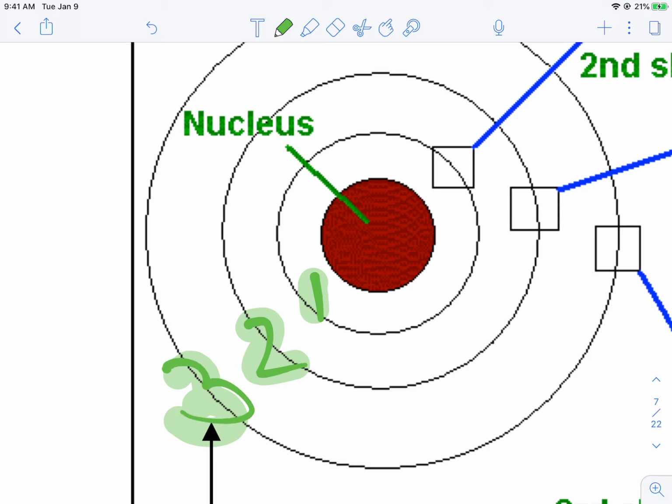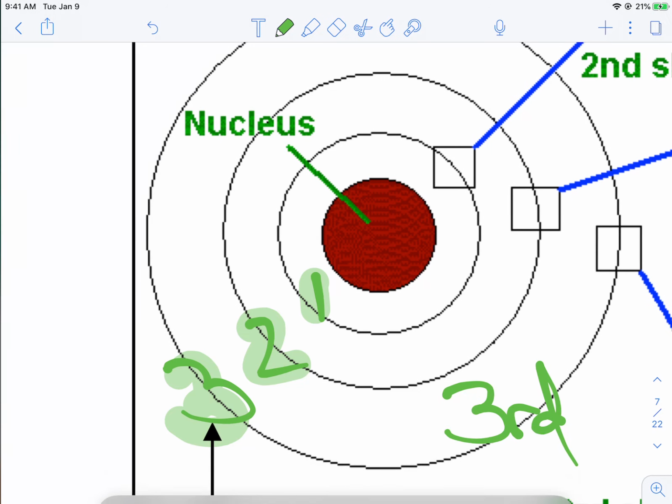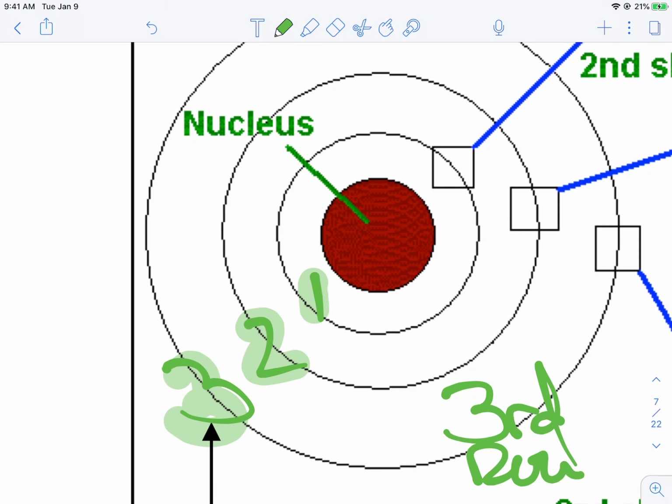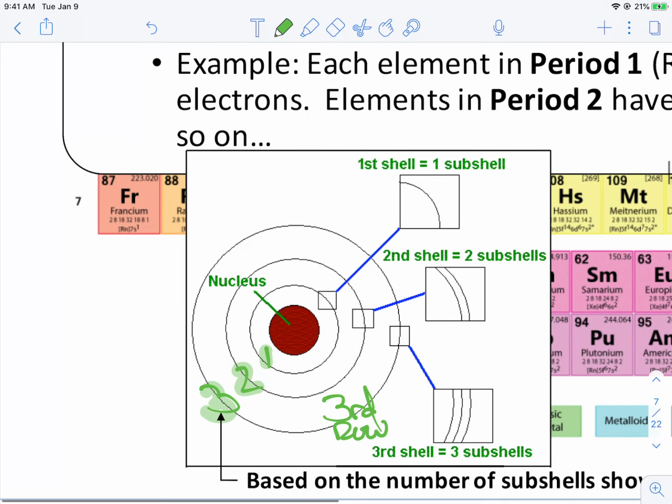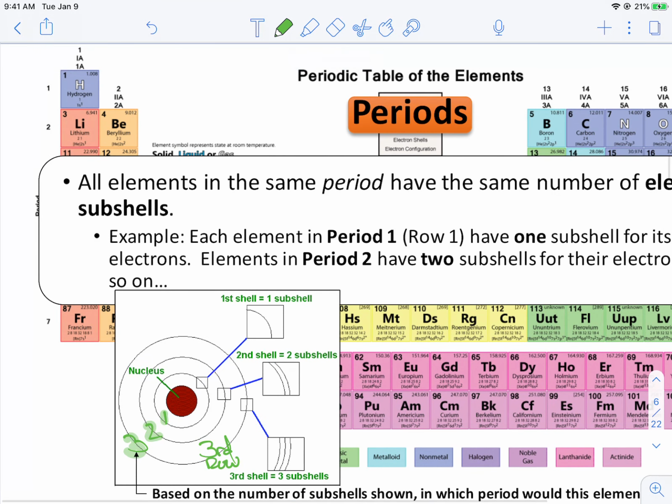So if I have 3 layers where electrons can be put, that means I'm going to be in the third period or the third row. So I find this atom by putting it in the third period, which would be right there. So that means it belongs in this row of the periodic table.